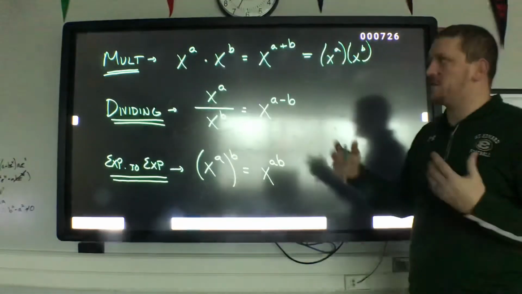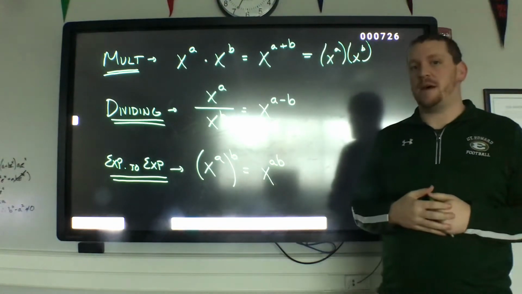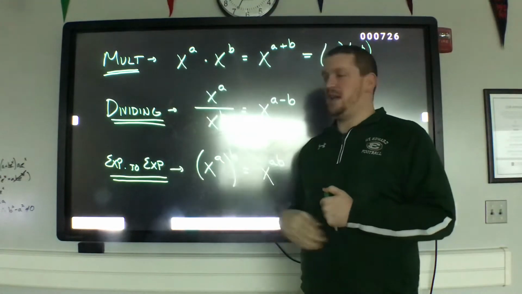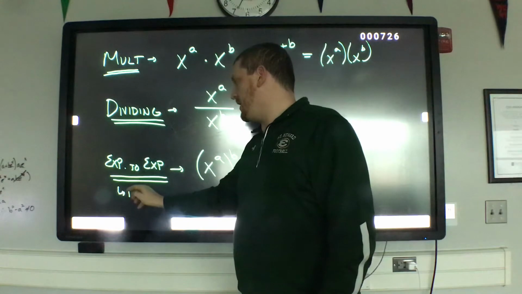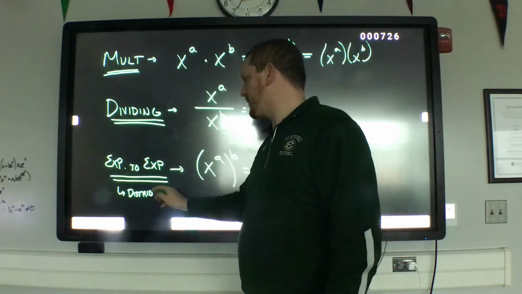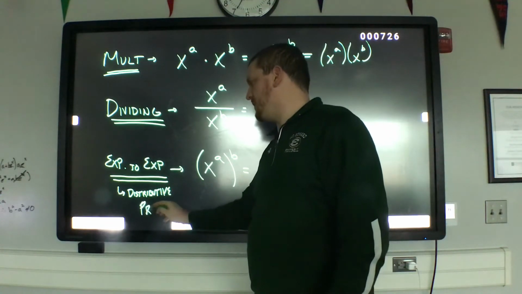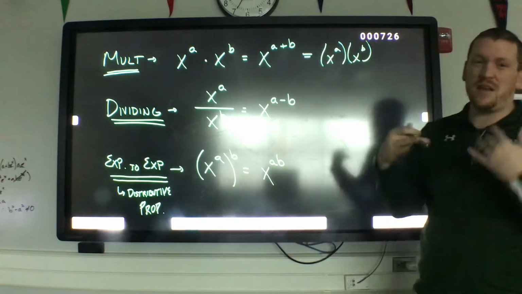So looking at the first thing, there are 3 different properties that we specifically look at when we think about exponents. The 3 properties are the property of multiplication, division, and then also an exponent to an exponent, which I like to call the distributive property of exponents. Okay, so we look at these 3 different ones mostly, and they're really pretty basic.